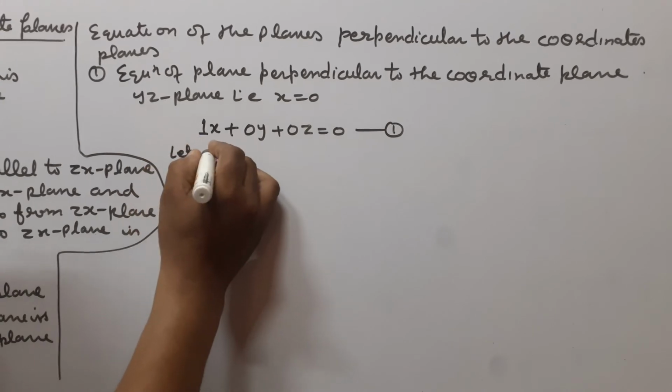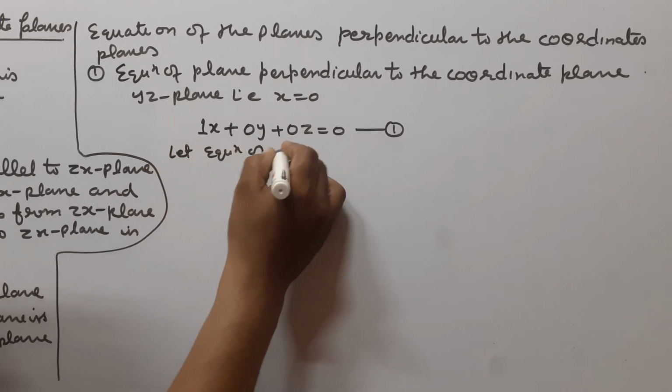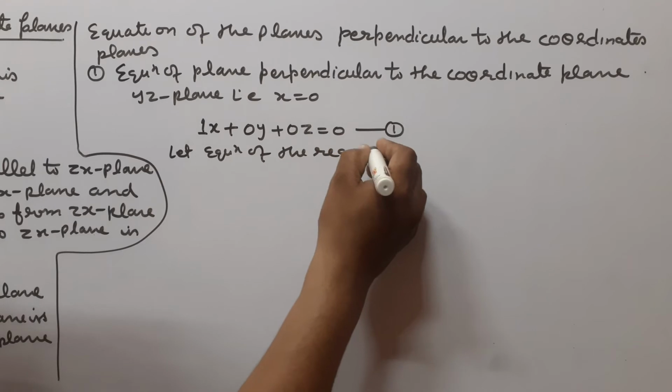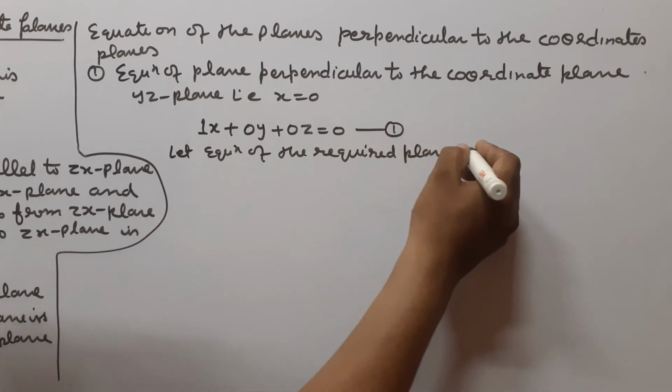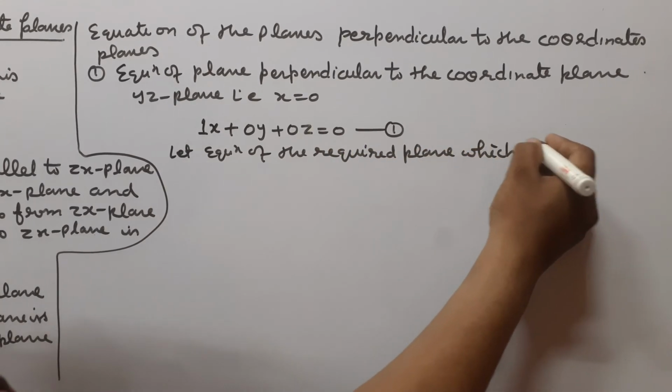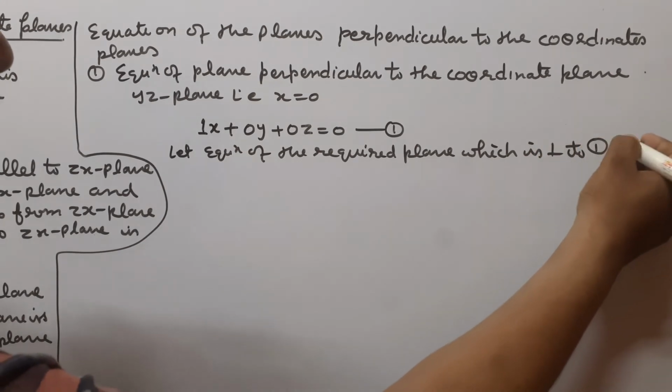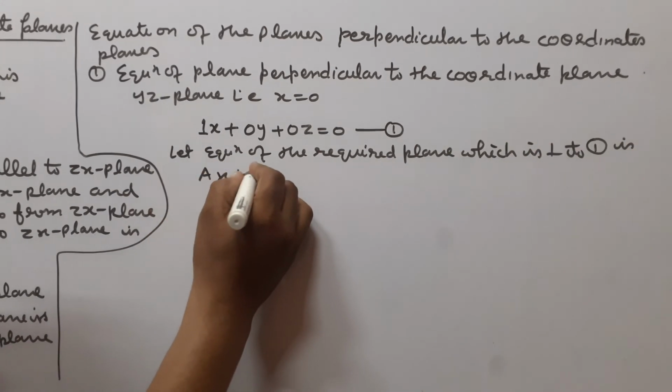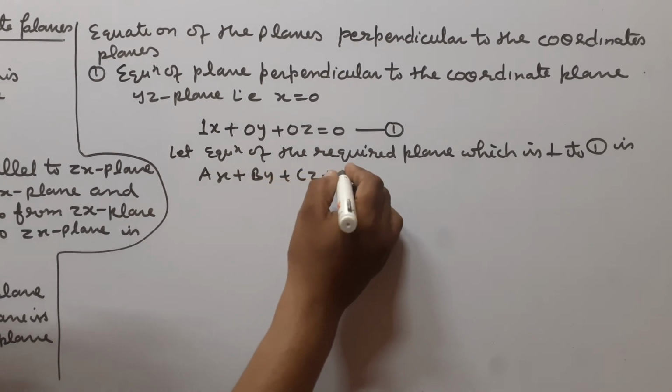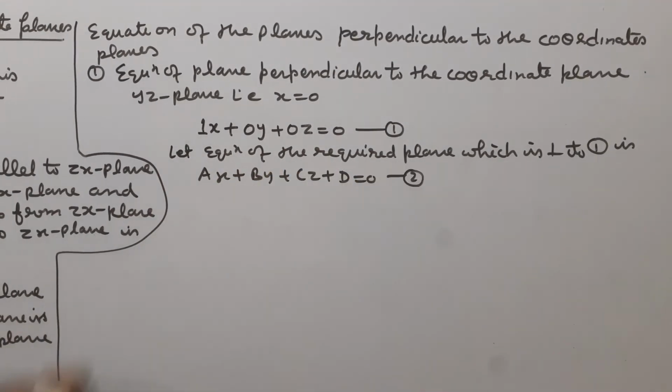Let us suppose that the equation of the required plane, which is perpendicular to plane 1, is ax plus by plus cz plus d is equal to 0. Here we suppose that the second plane is perpendicular to the given yz plane, that is x equal to 0, which can be written as 1 multiplied by x plus 0 multiplied by y plus 0 multiplied by z is equal to 0.